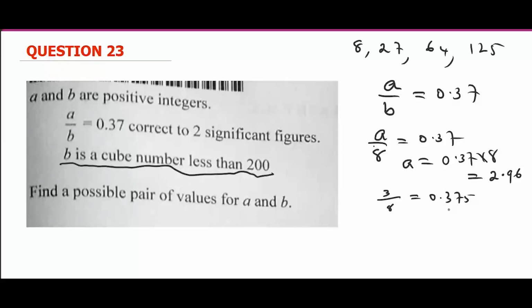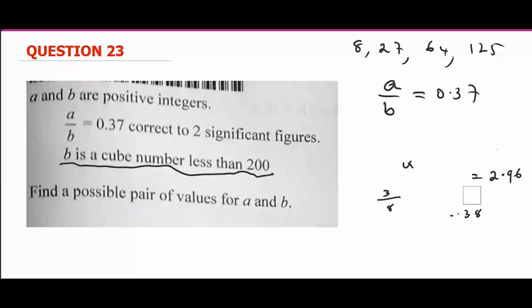If you round this to 2 significant figures, the answer will be approximately 0.38. Okay, and we should get 0.37 after rounding to 2 significant figures. So that means A cannot be 2, A cannot be 3, and B cannot be 8. Okay, so let's try another one.